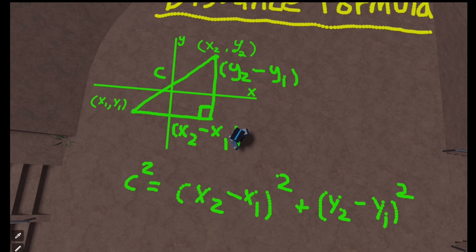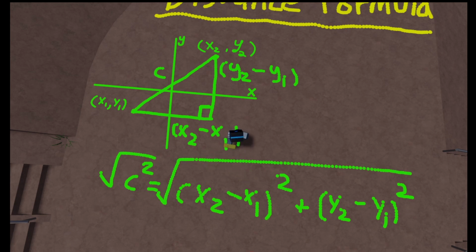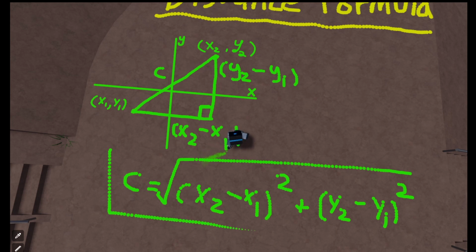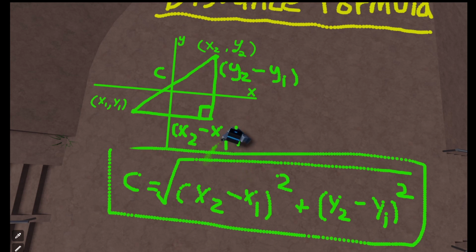And finally, we can just take the square root of both sides. And then we'll have that the side C, the hypotenuse, which is the distance between the 2 points, is simply equal to this formula below. So the distance formula is the square root of x2 minus x1 squared plus y2 minus y1 squared.